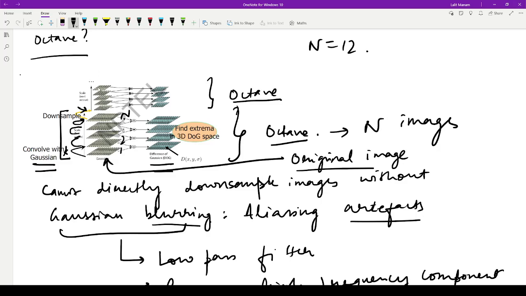Is this part clear on how SIFT works, or rather how these pyramids are generated? Any doubts?